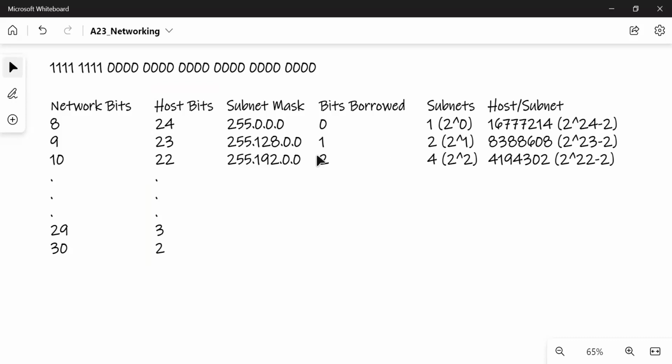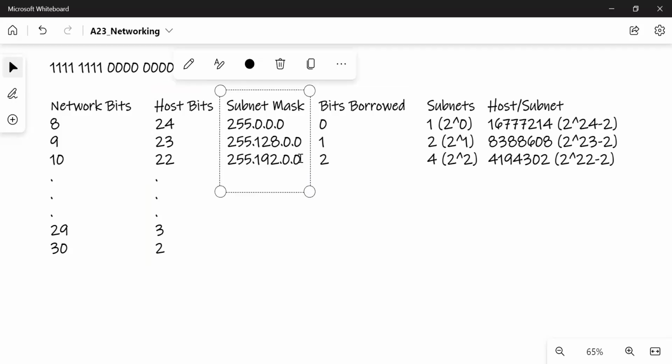Now, in this particular case, you have to borrow a lot, 21 bits. So that means except for the last 3 bits, all the others are 1.